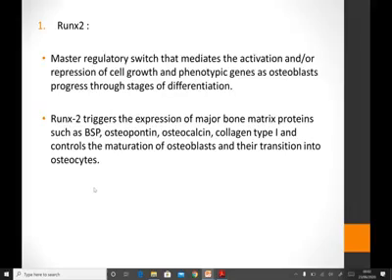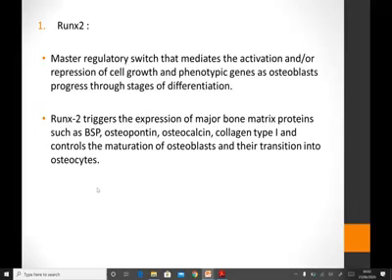So this runt related transcription factor 2 basically is involved at every step of differentiation of an osteoblast. First, it activates and represses the cell growth as the osteoblast progresses through different stages of differentiation from the mesenchymal stem cell to the pre-osteoblast and then to the osteoblast, and even from osteoblast into an osteocyte.